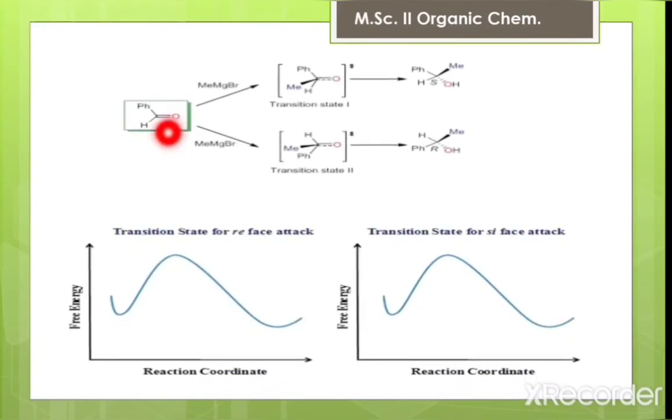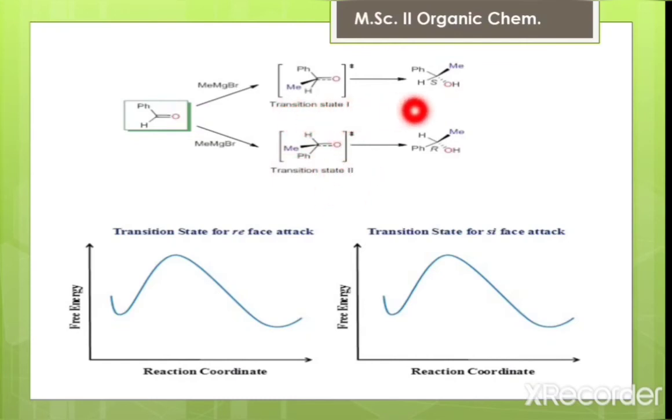Here this ketone is trigonal planar, therefore this Grignard reagent attacks from the front side and from the back side. Therefore we get two different transition states, first and second.